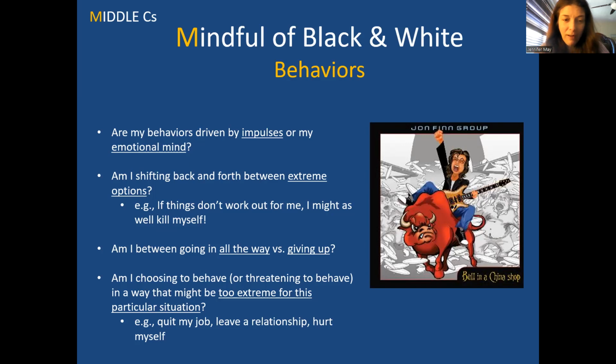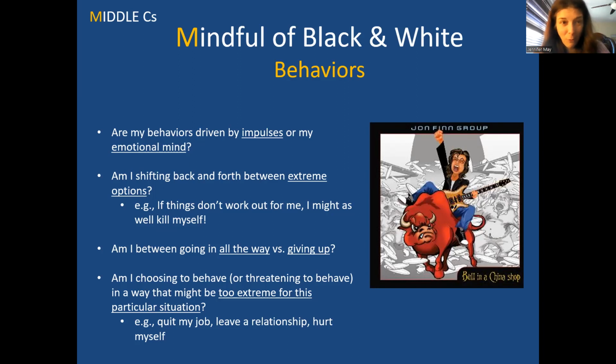For example, if I have an argument with a coworker, am I ready to just quit my job? If I have a rough spot with the person I'm dating, am I ready to just leave this relationship and call it off? Either we're getting along great or I'm leaving. Or if things aren't going well, I'm going to hurt myself. I'm going to engage in some kind of a target behavior. And that might be very extreme, especially for certain situations.